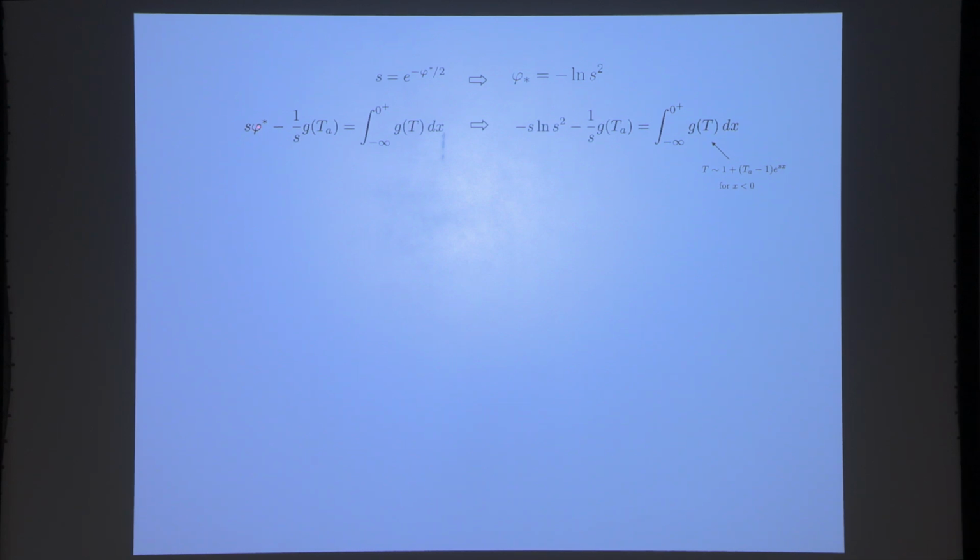And then if you substitute in the other one, you replace the phi star, you get a single equation for S of this form. Now remember, this is G of T, of the temperature. And so the integral is from negative infinity to 0 plus, which is the same as 0 because the function T is continuous. And so essentially it's in the unburned gas. So this is G of this quantity.